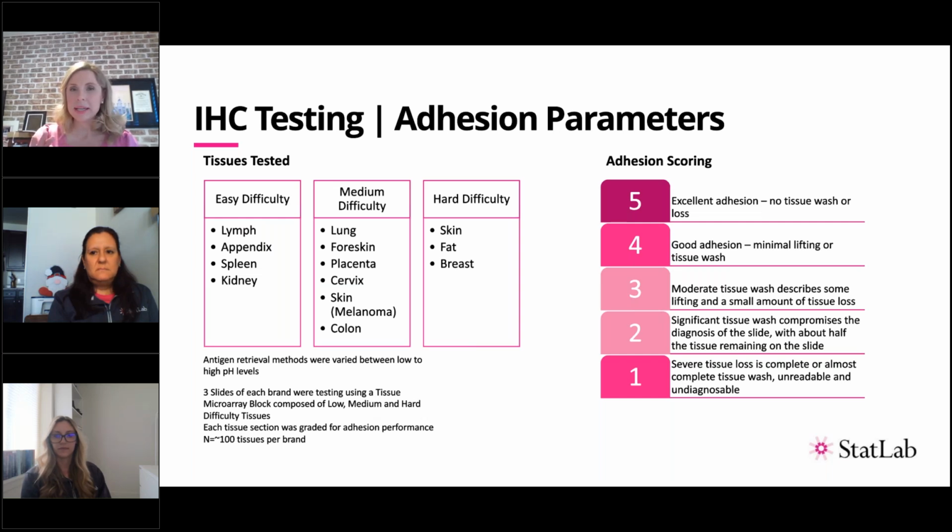On the right there, you can see the scoring grid that we made up, and it's a scale of: did it have excellent adhesion, no tissue loss, or was it a 1? Did it lose all of that tissue, where that slide is completely unreadable, undiagnosable? So we spent the bulk of our time with IHC testing because, just like the poll results showed us, that's where the hardest problem is, IHC adhesion. Next slide.